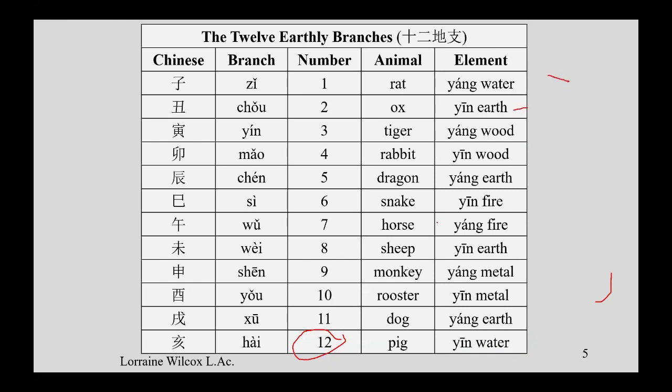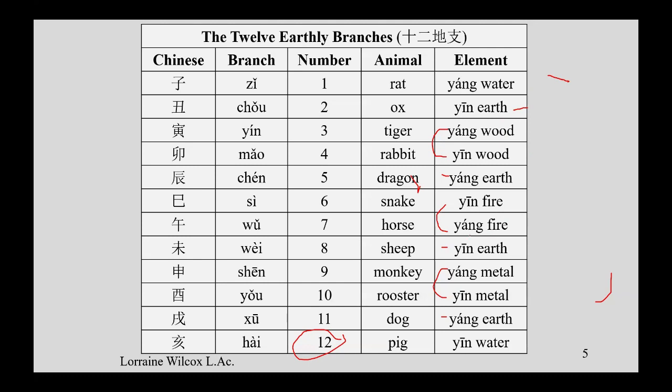Then we've got two woods, and then we've got an earth, and then we've got two fires, and then we've got an earth. And then we've got two metals, and then we've got an earth, and then back to water again. So you can see there are two of each element with an earth in between.